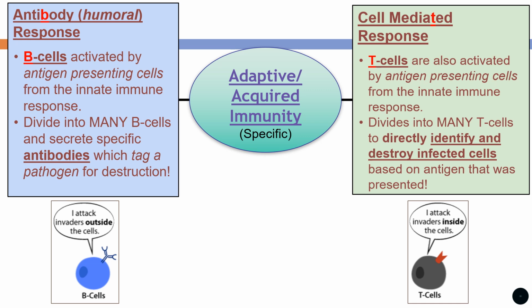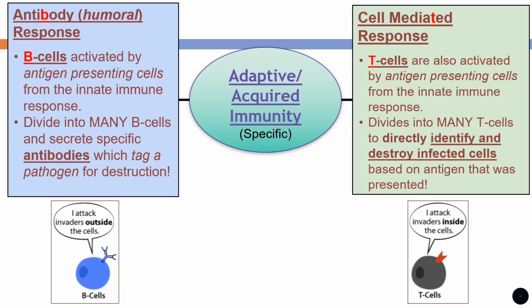And then after this, these are going to divide into many B cells and start secreting specific antibodies, which are going to tag a pathogen for destruction, essentially. In our cell-mediated response, we're going to have T cells, and these are going to also be activated by the antigen-presenting cells from the innate immune response.